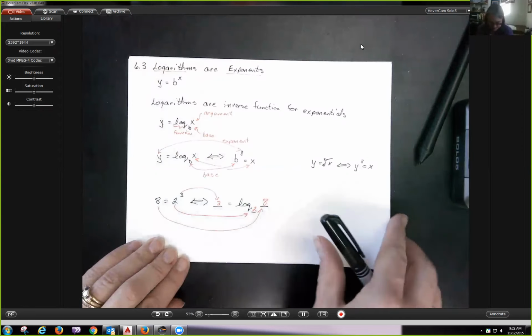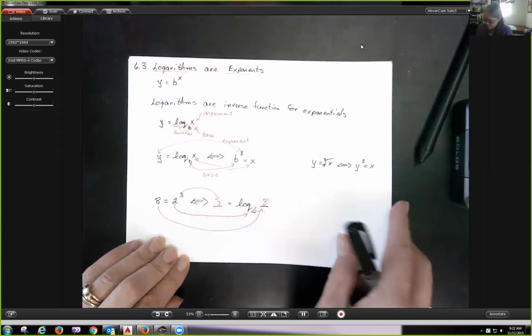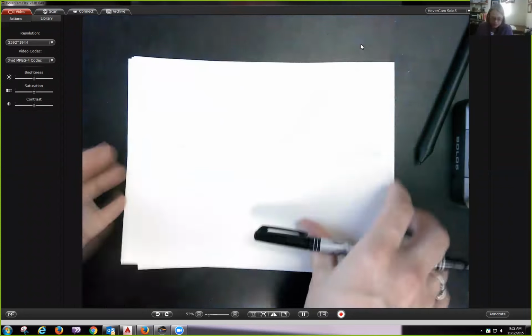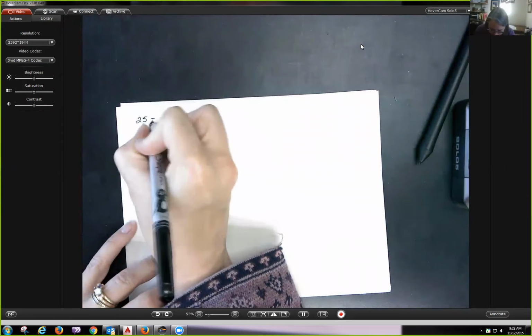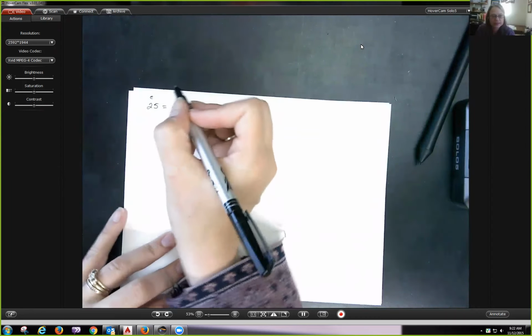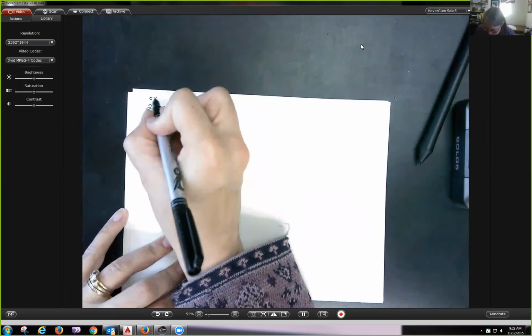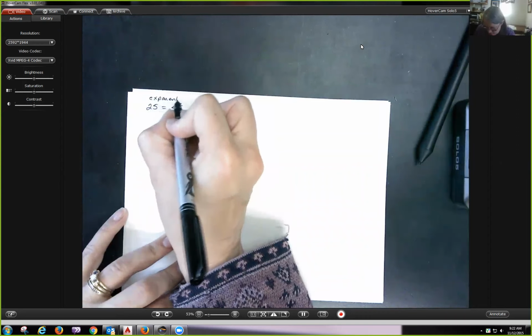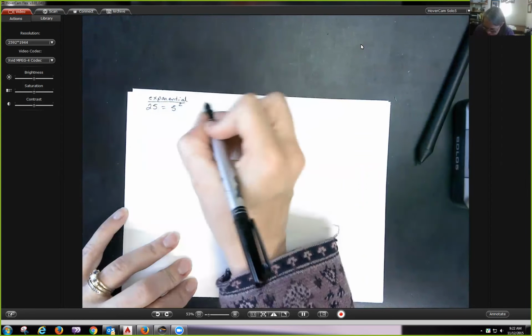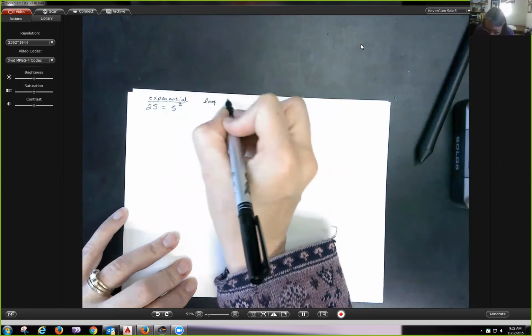Let's do another one here. We know that 25 is equal to 5 squared. This is the exponential form of this statement. Let's write the logarithmic form.